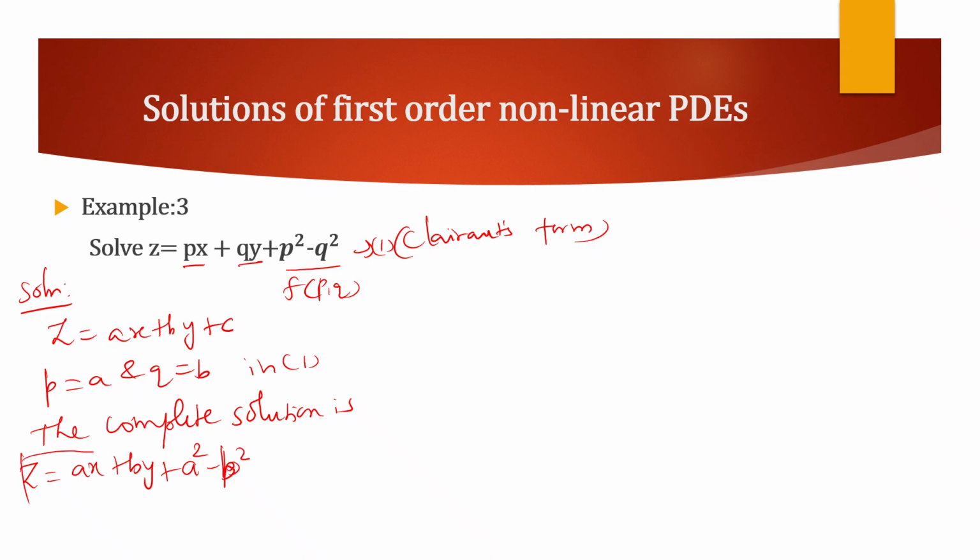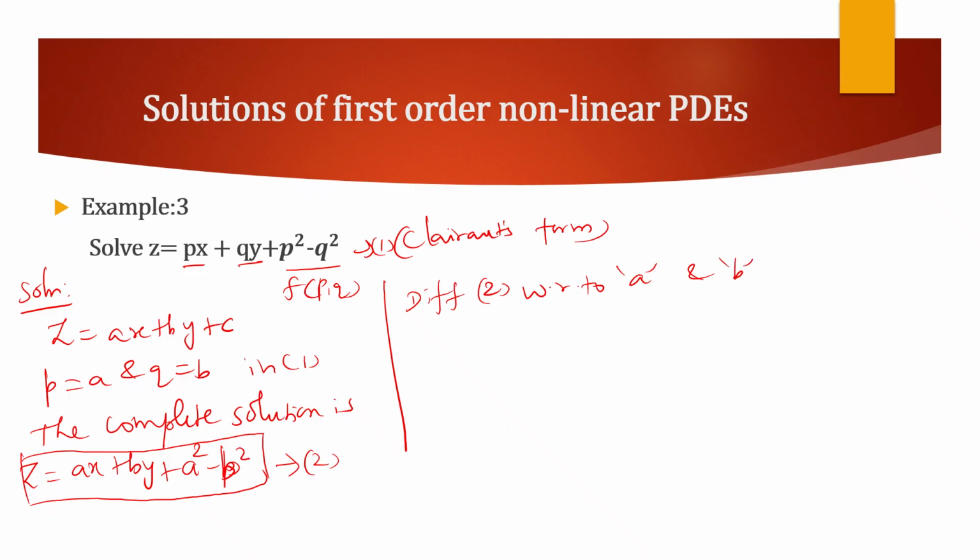So now we are moving on to finding the singular solution. For this we have to differentiate this complete solution with respect to the arbitrary constants a and b. So differentiation of 2 partially with respect to a and then b, we get 0 is equal to, in the right hand side we get x, second term becomes 0, and in the third we have only 2a and minus b square becomes 0.